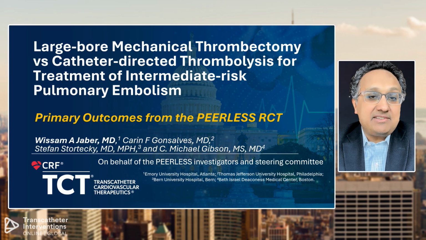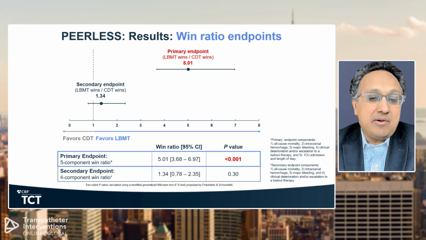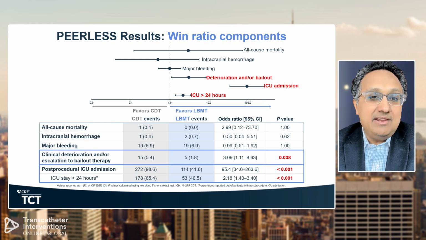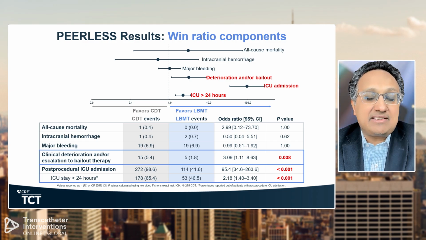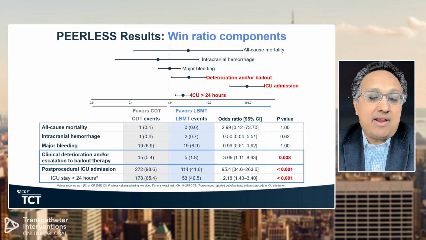In terms of randomization, as we heard from Nick earlier about large bore thrombectomy to catheter-directed thrombolysis, PEERLESS was a data set presented the year prior at TCT, comparing FlowTriever against all different kinds of catheter-directed therapy and using a hierarchical win ratio approach. What was demonstrated using the 4-component win ratio, which I'll show you more of, is that in terms of the therapeutic effect, catheter-directed thrombectomy with the FlowTriever system improved patients more rapidly and reduced their risk of deterioration and their need for ICU admission.